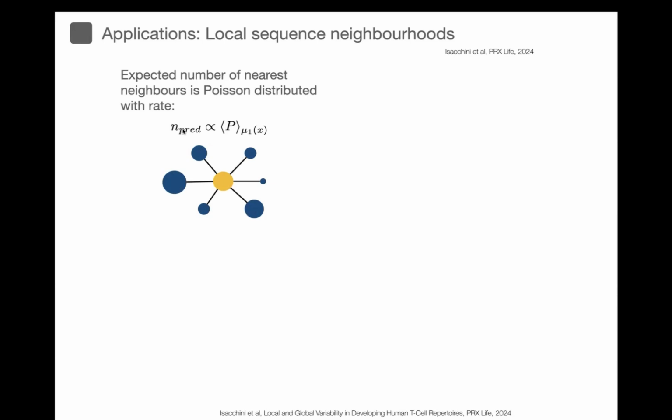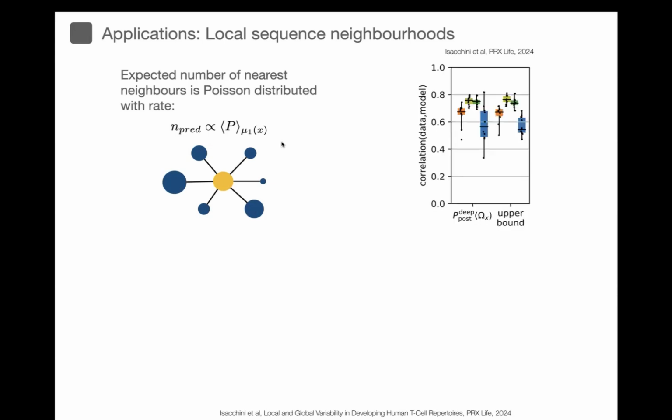By doing that, we can compute the predicted number of neighbors that this receptor should have. Then we can look back into the data and see whether this predicted number of neighbors follows the data. In this case, we're looking at the prediction of our deep neural network model, and we see that the correlation between the prediction of the number of neighbors from the data and the model is very, very good.